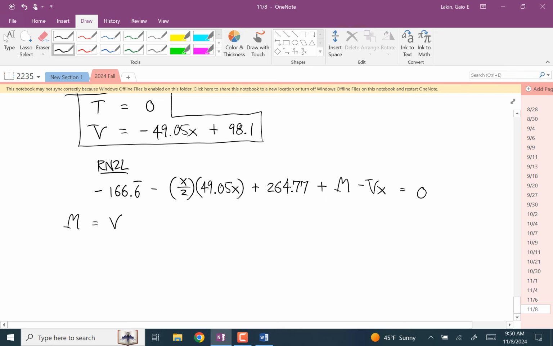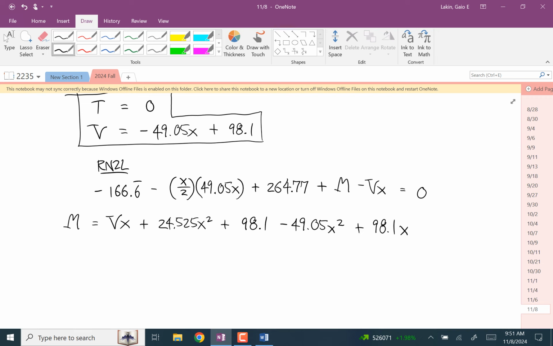And so M is equal to V times x plus 24.525x squared plus 98.1, and then plus Vx, so minus 49.05x squared plus 98.1x.